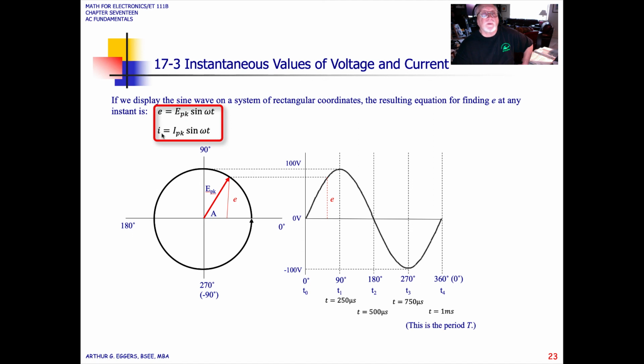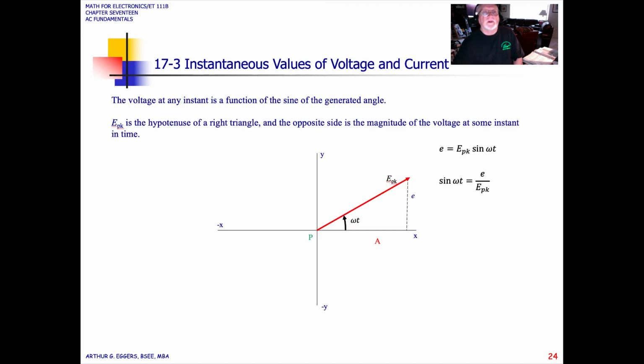If this sine wave represented a current plot instead, the expression is the same, except we substitute I for E. The voltage at any instant is a function of the sine of the generated angle. So you can see where we've been using the right triangle relationships to solve for what's going on in the instantaneous plot of the sine wave.